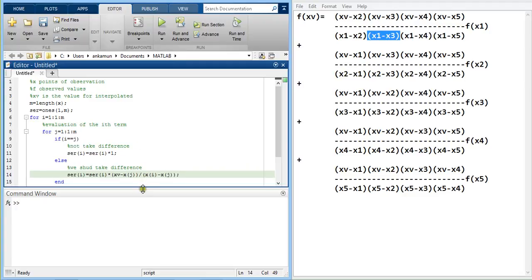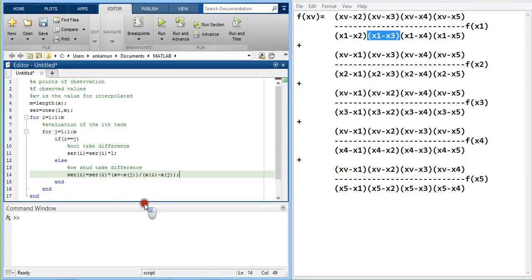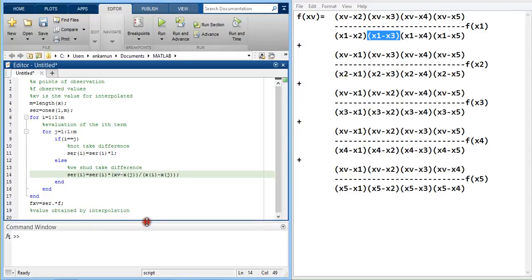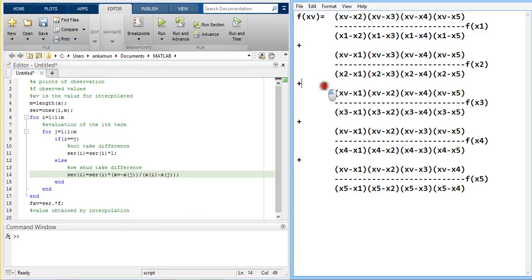Please take your time and understand this loop properly. What we are going to obtain at the end of the execution of this entire loop will be 5 terms which are the products of the corresponding divided differences.